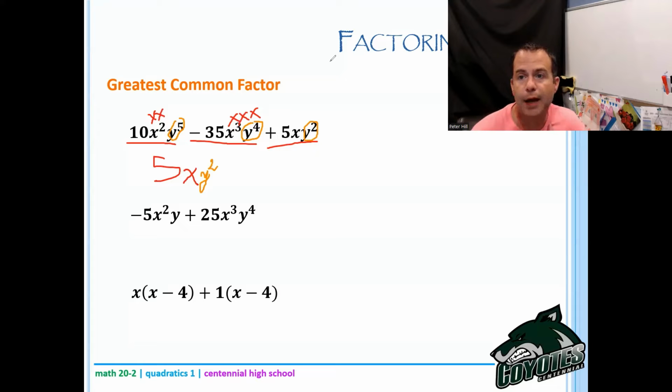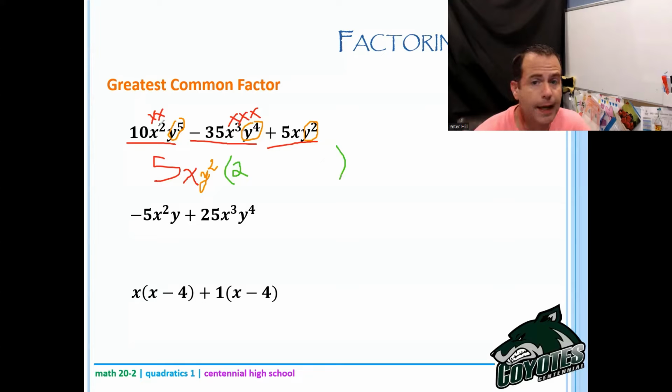Okay, so now I have to state what's left when that comes out. Each of these terms is going to get divided by the thing I'm taking out, which is 5x y squared. So when I divide 10 by 5, I'll get 2.